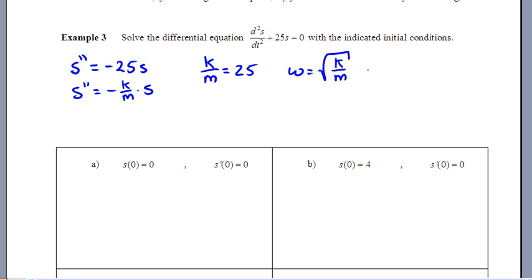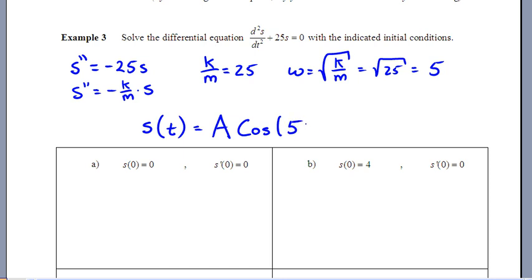That just makes sure that we'll have the f equals ma to work out. So we're going to go square root of 25. Okay, it looks like the omega is 5. So speaking kind of generally for this solution here, it looks like the position, which varies with time, would be some number in front of a cosine. That number is really important for the original release position, right? So if you move the thing away from equilibrium, you'll have to have an a times cosine 5t plus b times the sine of 5t.